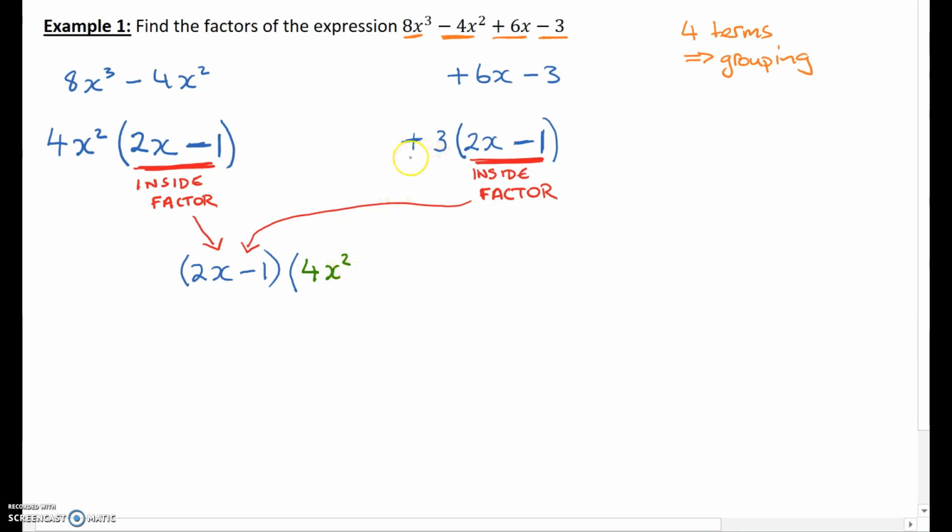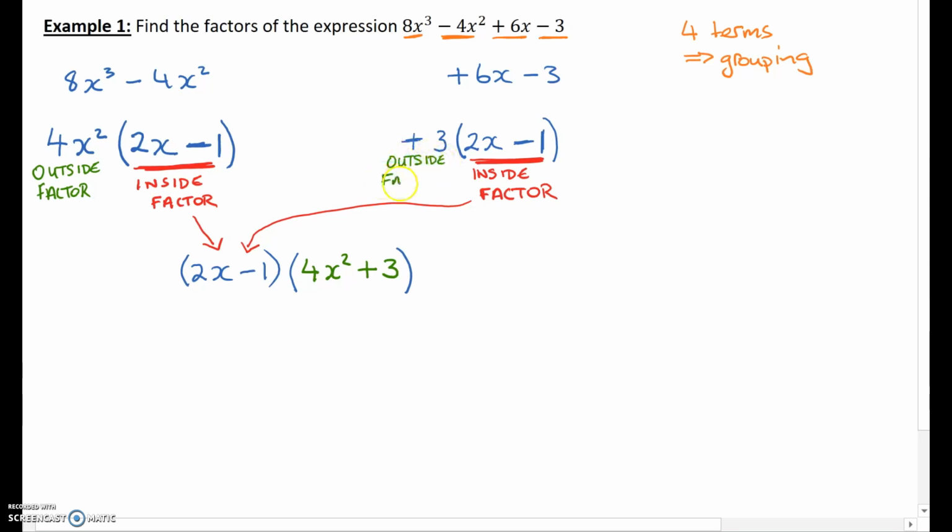Now the reason it's plus 3 is because we had a plus 3 here. The plus is very important. Plus 3. Those in green are the outside factors. And we're just calling them that. It's not an official name. You won't see it in the textbooks, but it's just useful for explanation.